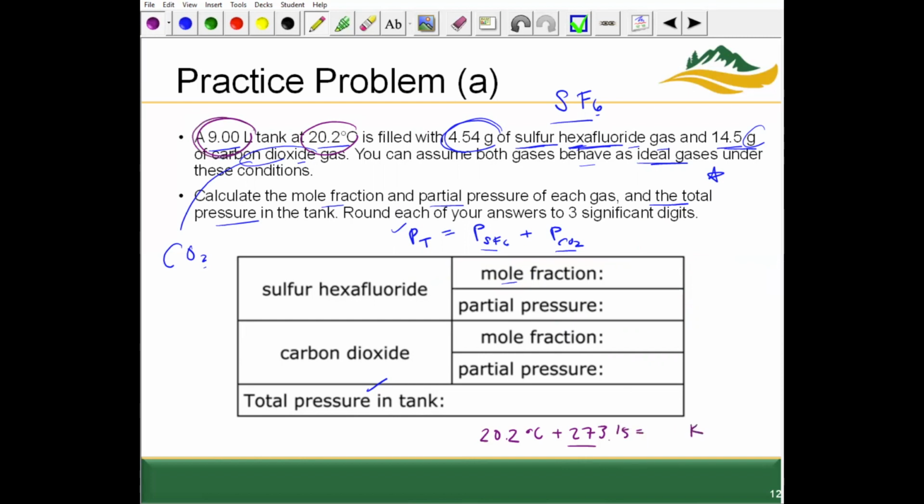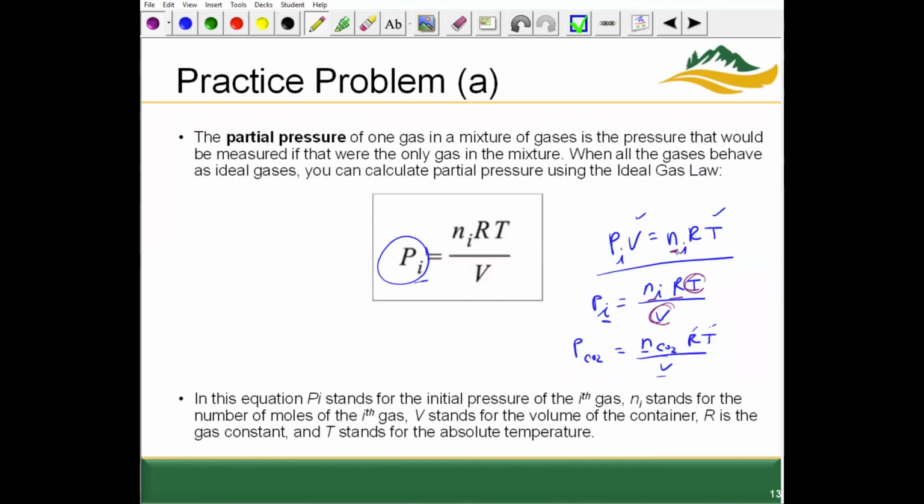Then we can use this volume term in our ideal gas law. Now we do have number of moles. We can plug in a gas constant. We have temperature, but in Kelvin, and we have a volume. Now we can calculate the partial pressure of CO2 and sulfur hexafluoride.